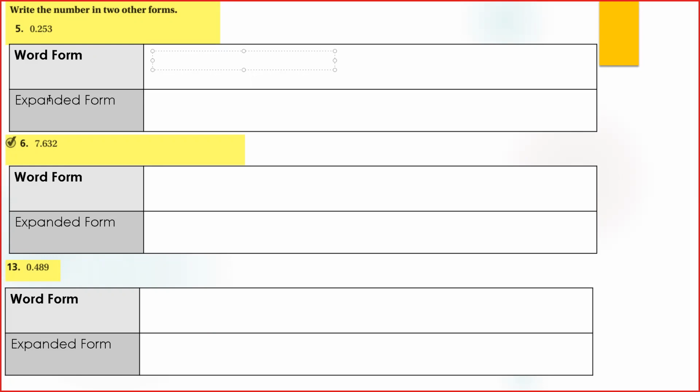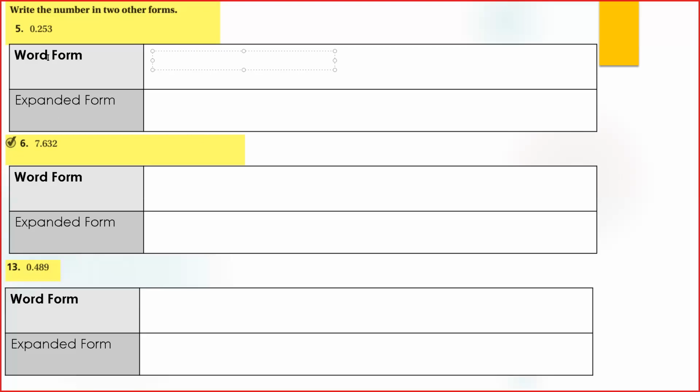In the first line, write word form. In the second line, write expanded form.